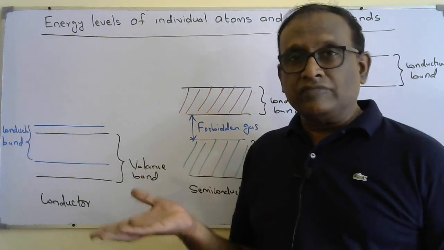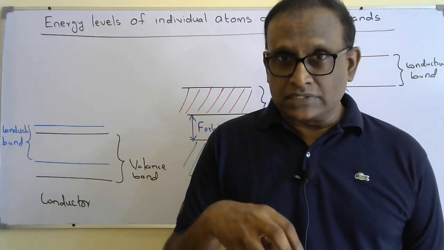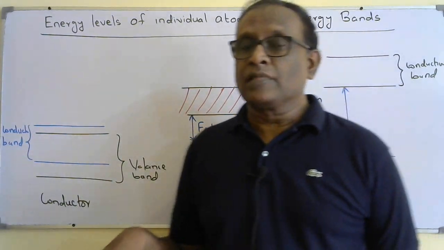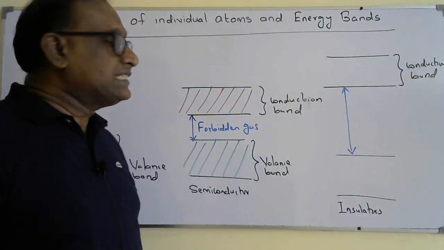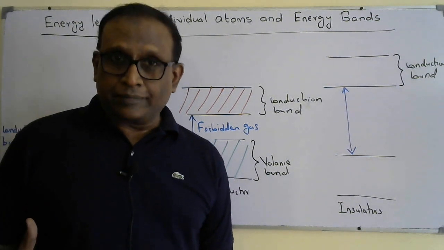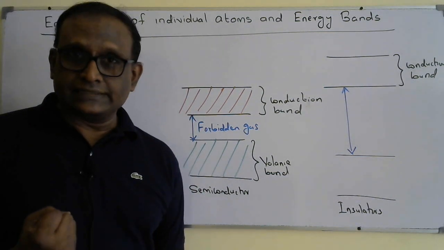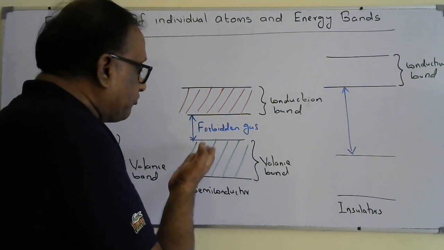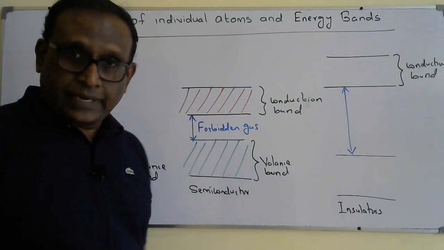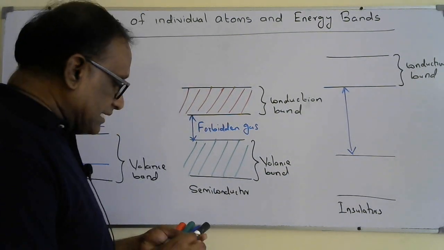Like I already told, the electrons in the valence band are bound to the individual atoms, so they can't move freely. But what happens when the temperature increases? At room temperature, the electrons in the valence band can absorb thermal energy and be excited from the valence band to the conduction band. When the temperature increases, more and more electrons will be excited.